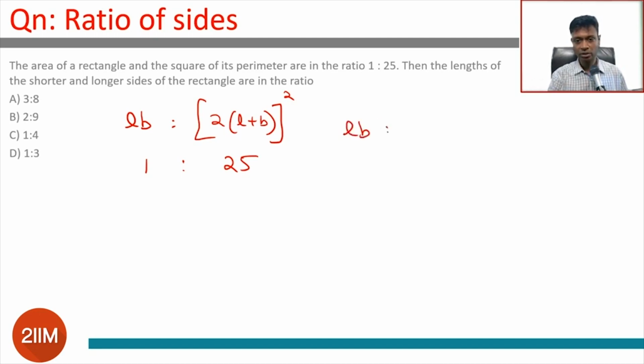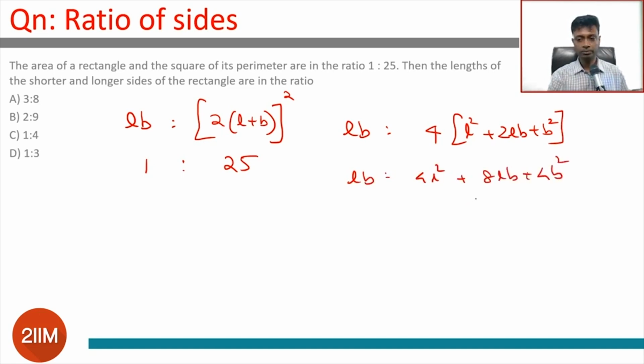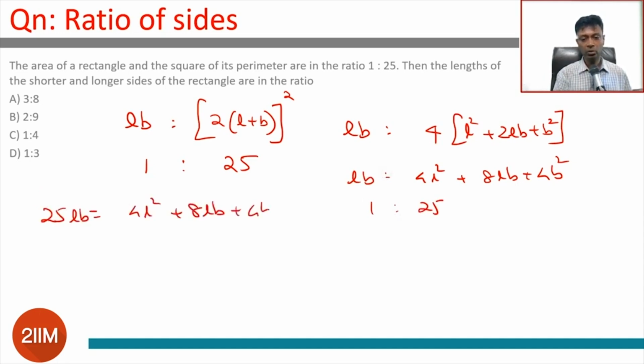So L into B is to 4 times L square plus 2LB plus B square is 1:25, or LB is to 4L square plus 8LB plus 4B square is 1:25, or 25LB equals 4L square plus 8LB plus 4B square. 4L square minus 17LB plus 4B square is 0.